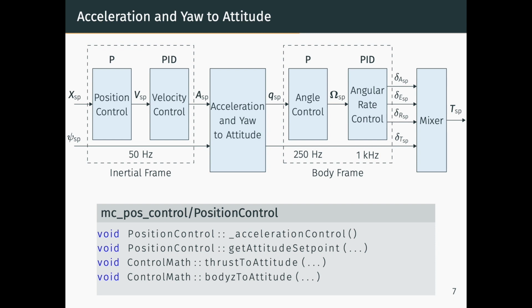The acceleration setpoint is first converted to a thrust. This is done in the acceleration control function. The thrust is then converted to an attitude, which can be obtained by the getAttitudeSetpoint function. This function calls the thrust to attitude function, which in turn calls the body z to attitude function that contains the code for the conversion from thrust to attitude.